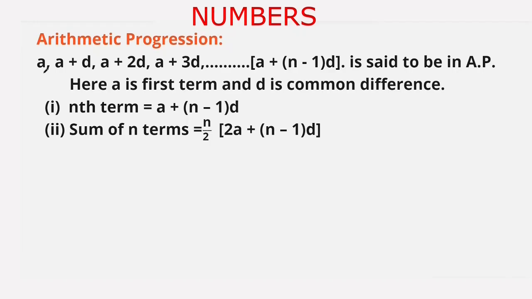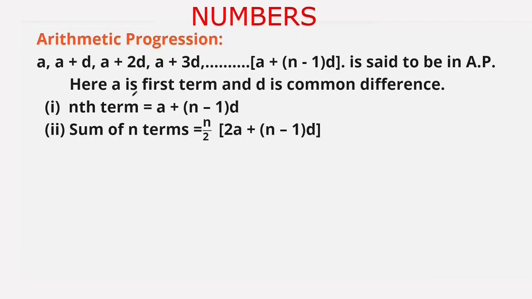The terms a, a plus d, a plus 2d, a plus 3d, and so on, and last term a plus n minus 1 into d, are said to be in arithmetic progression.